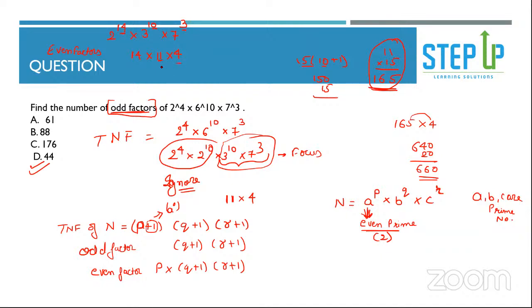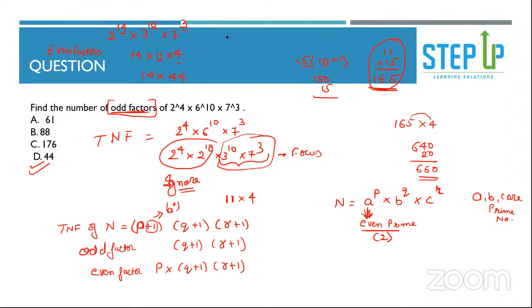Right? 11 into 4 is 44. 14 into 44. 440 plus double of 88. No, the answer is not 176.